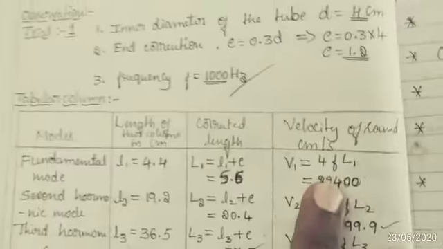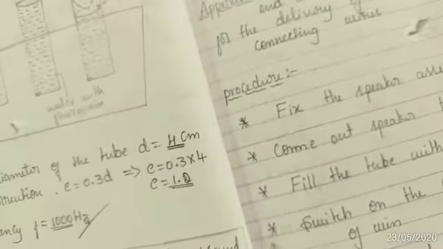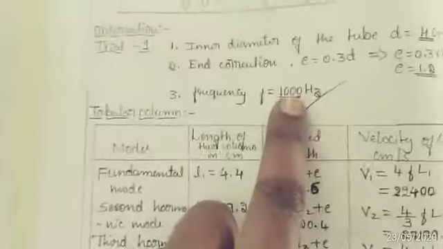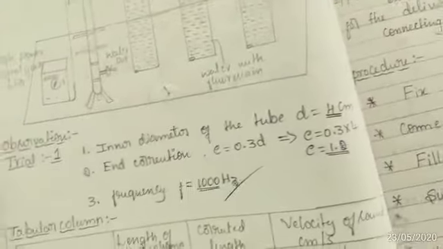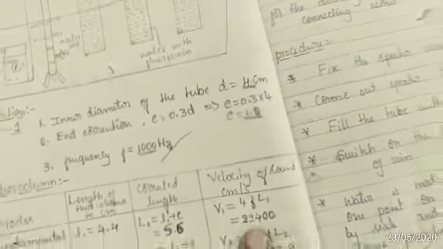V is equal to 4f L1. If I substitute f, that is 1000, and L1 5.6 centimeter, I will get 22,400.